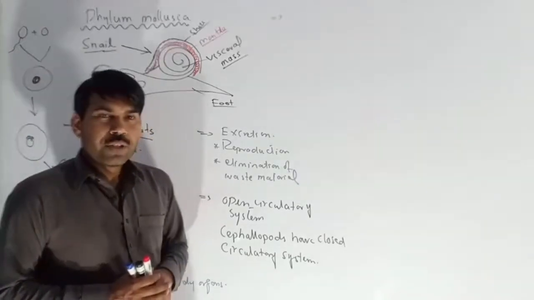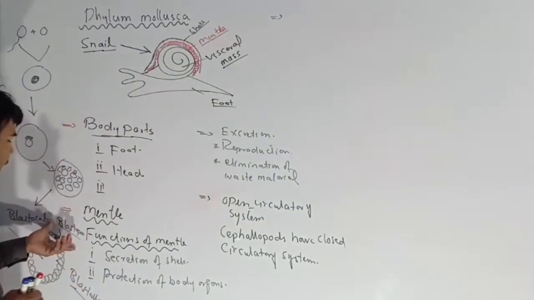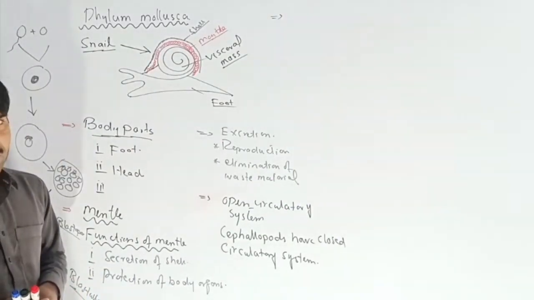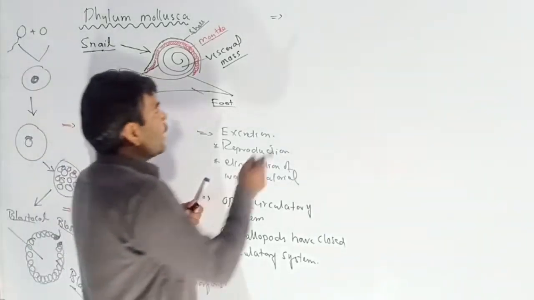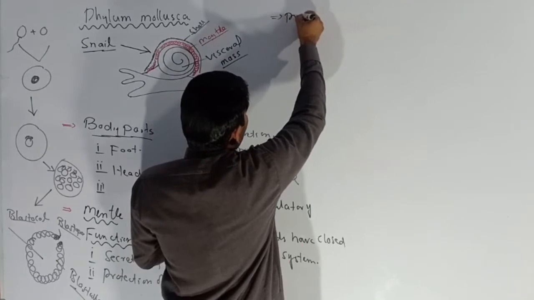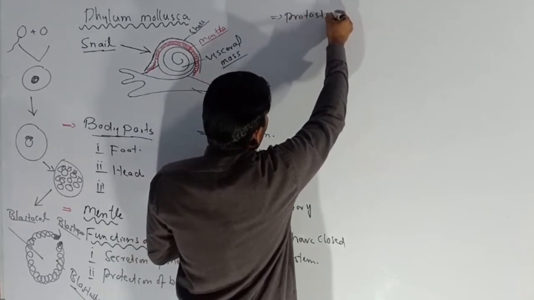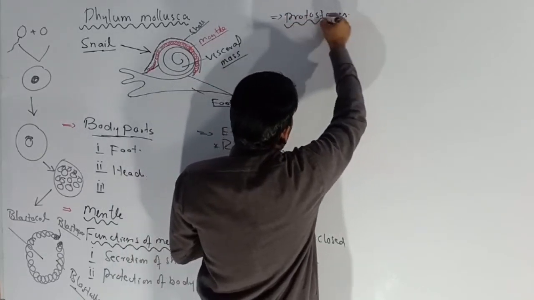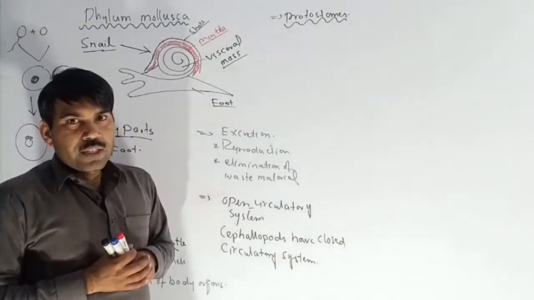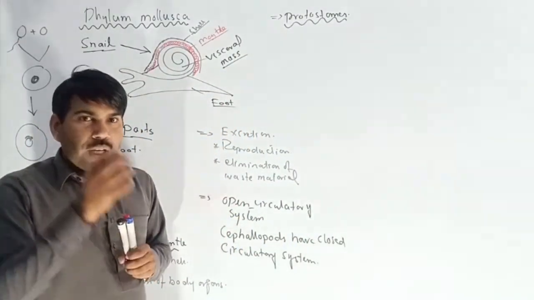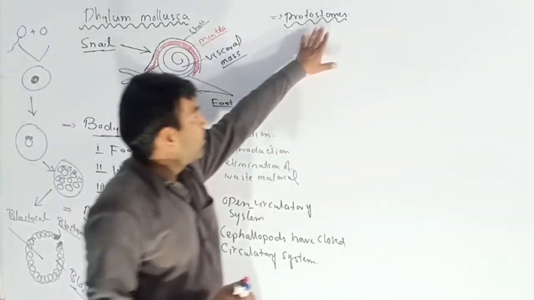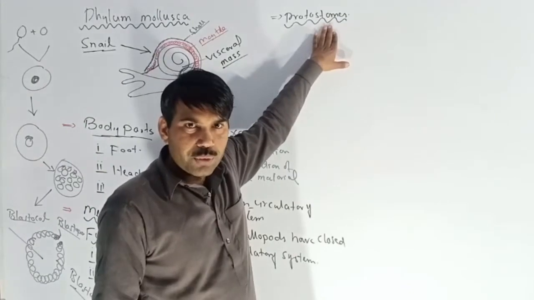I hope you have made your concept clear about the protostome as well as the deuterostome. So I am writing here: all the mollusks are protostomes. Protostomes are organisms in which the blastopore makes the mouth first.